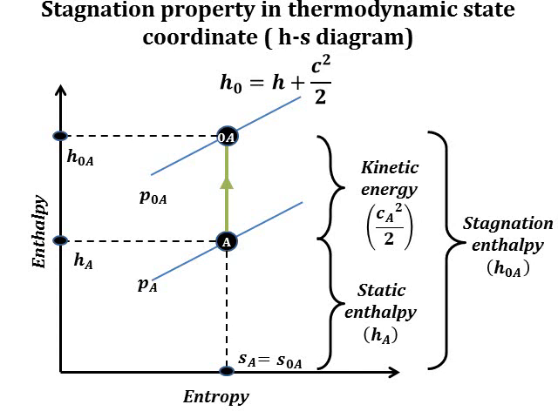Here we can make the following inferences. If the kinetic energy is less, that means if the flow velocity is less, then the static point A lies closer to the stagnation point 0A.